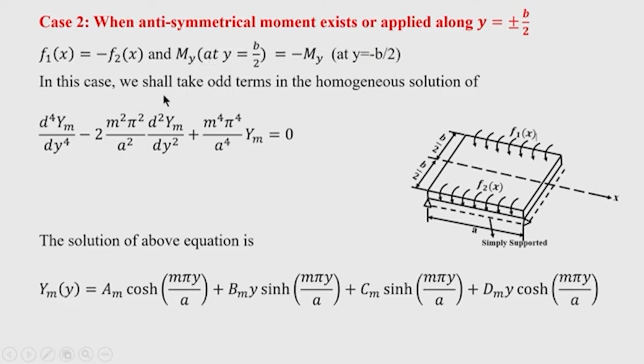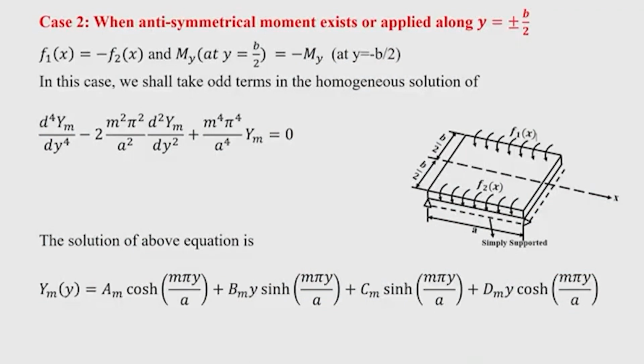So, in this case, we shall take odd terms in the homogeneous solution of the differential equation. The differential equation that I have shown you earlier is obtained after substituting the Levy series in the partial differential equation of the plate, and then separating the variable y.